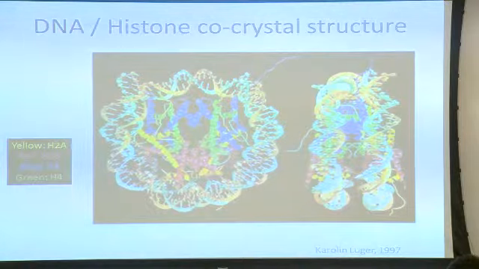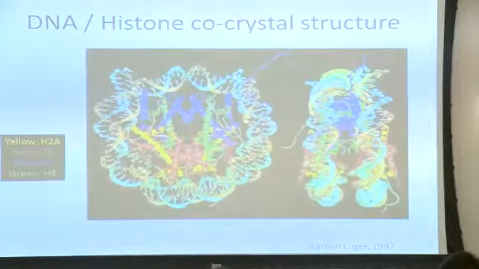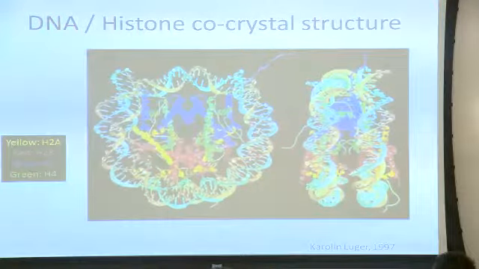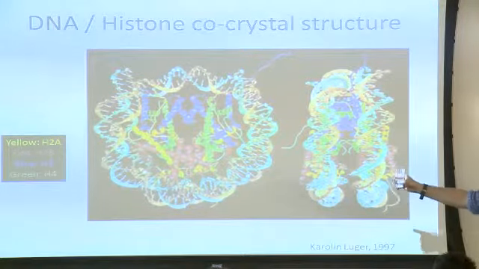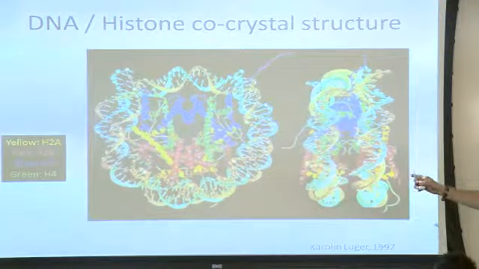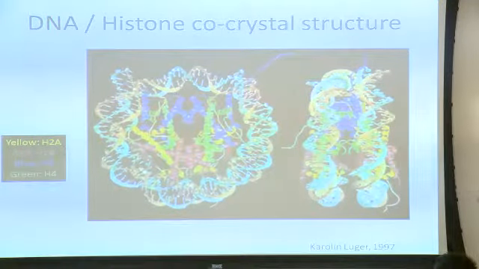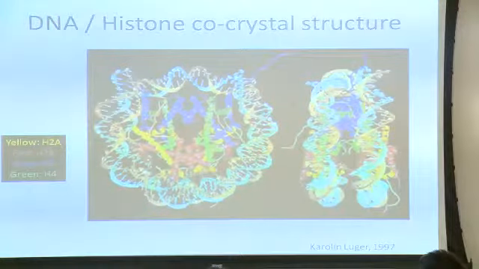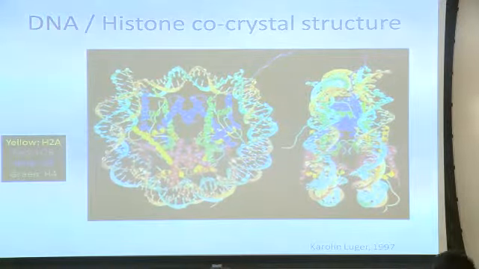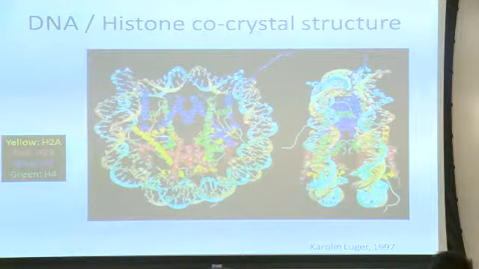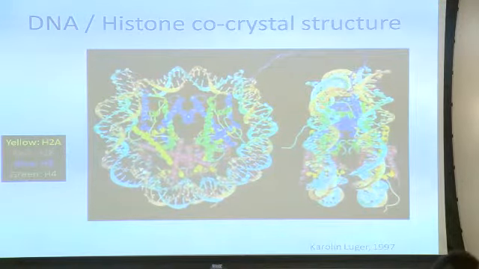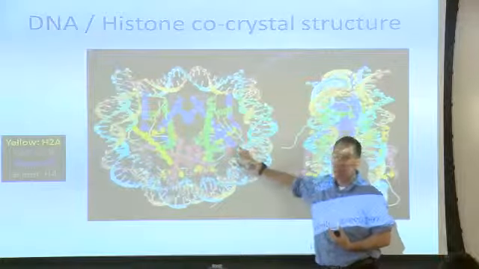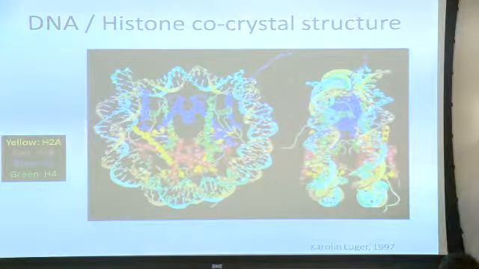This is a picture of the co-crystallization of DNA with histones, going back to the work of 1997. And you can see the four color-coded histone subunits and the structure of DNA in blue and yellow. One of the interesting and important insights that came out of the crystal structure of this complex was the observation of the localization of these tails, the amino-terminal tails of histone proteins.